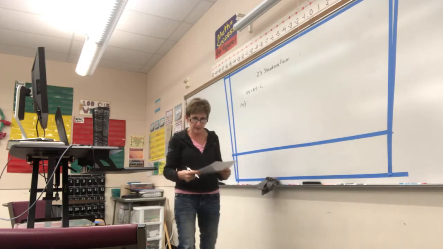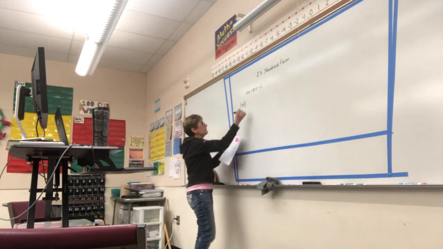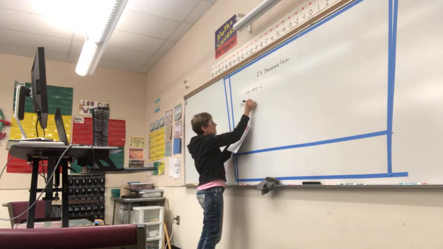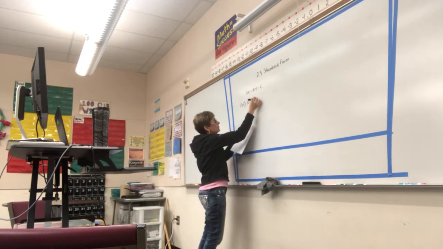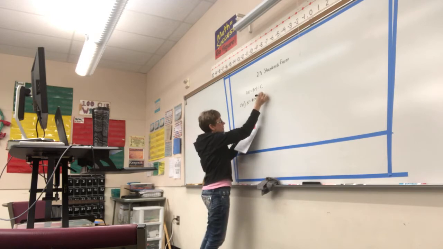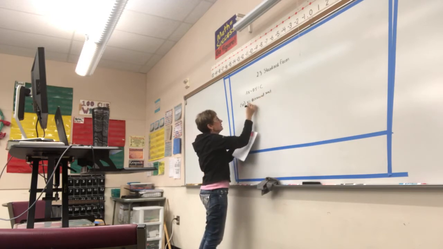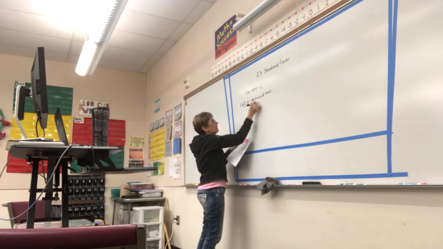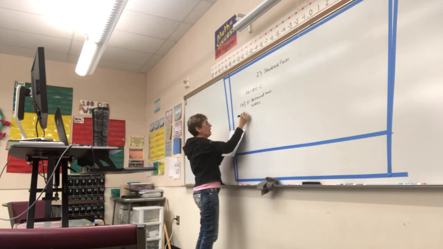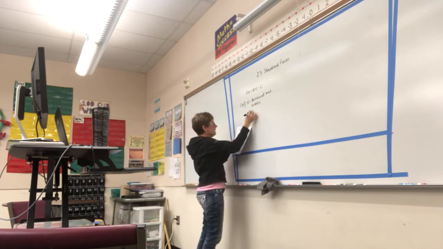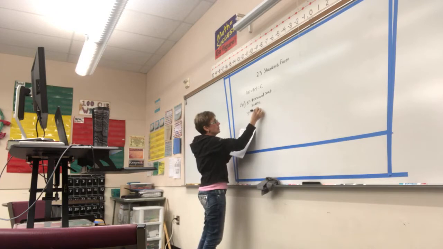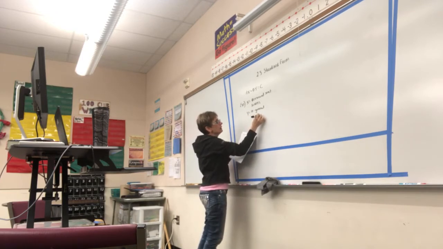So one possible way to handle this is to set x equal to the number of reserved seat tickets, and then set y equal to the number of general admission tickets.